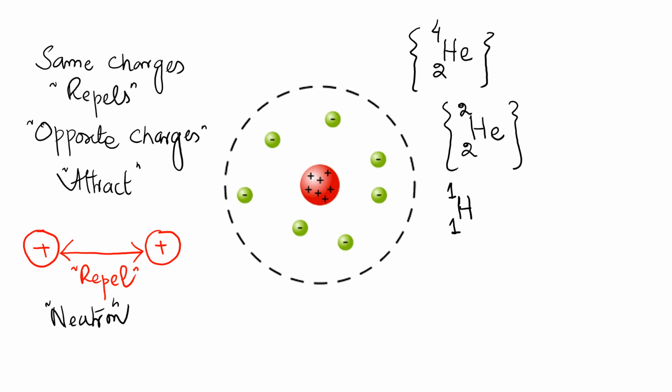Okay, so now if we consider the Thomson atomic model, then the mass of two hydrogen atoms must be equal to the mass of one helium atom.